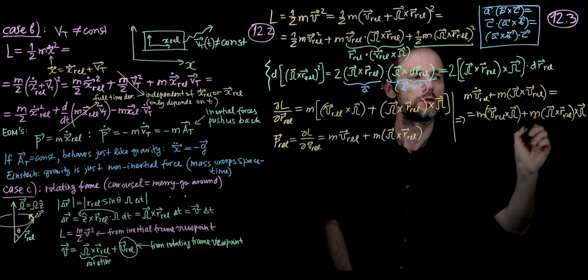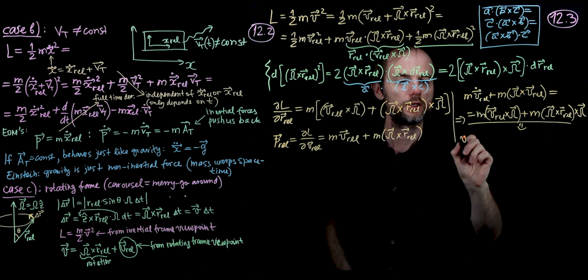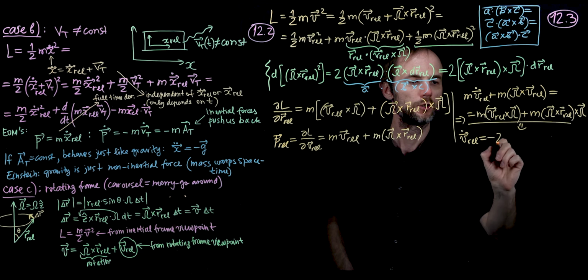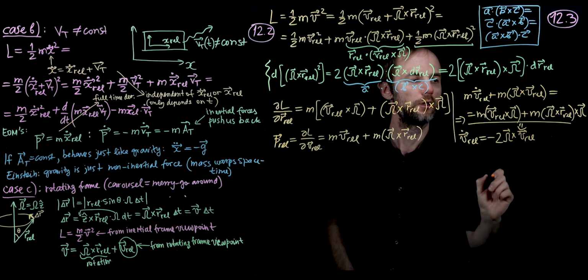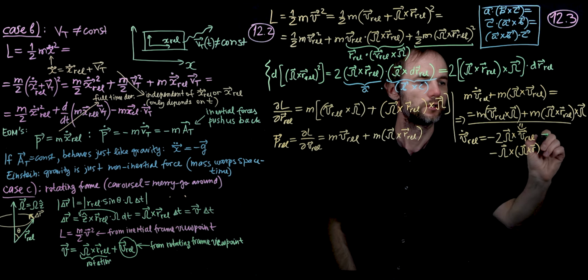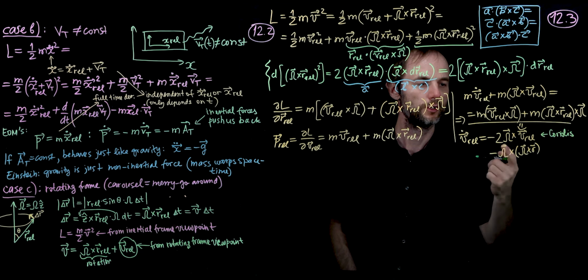And as you can see, there are two terms that have the same exact form, so we can group them together. So we can cancel m and we can write v dot rel is equal to minus 2 omega cross v_rel minus omega cross omega cross r. This is going to be Coriolis force, or rather acceleration in this case, and this is going to be centrifugal acceleration.